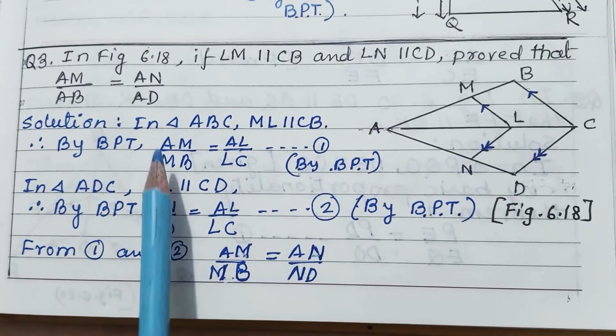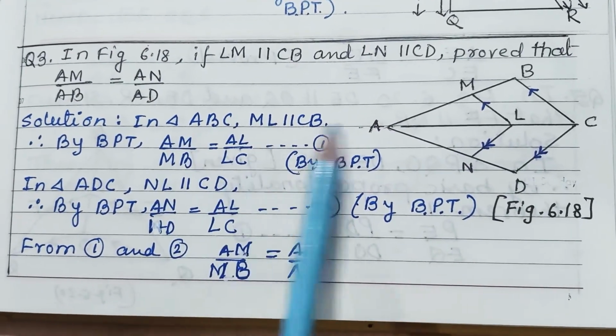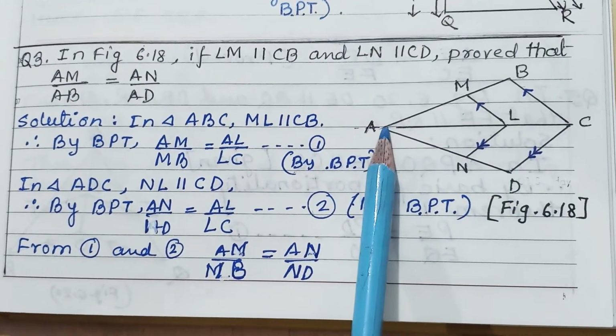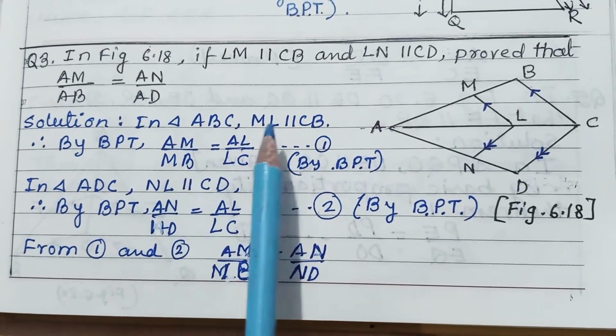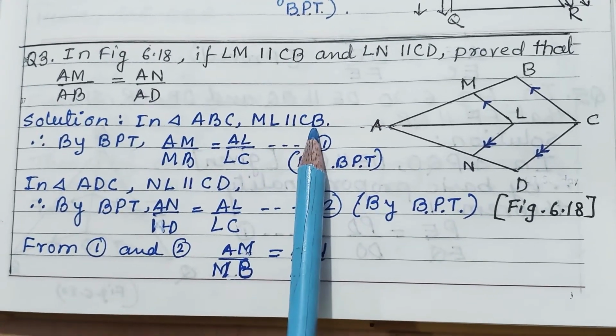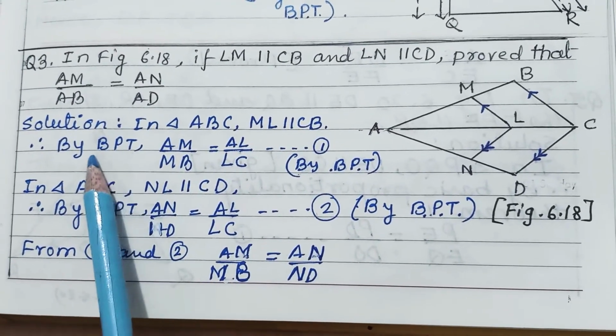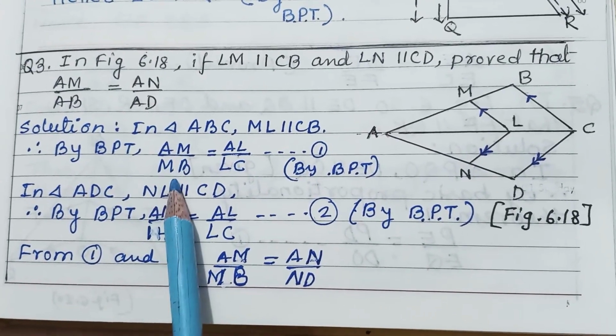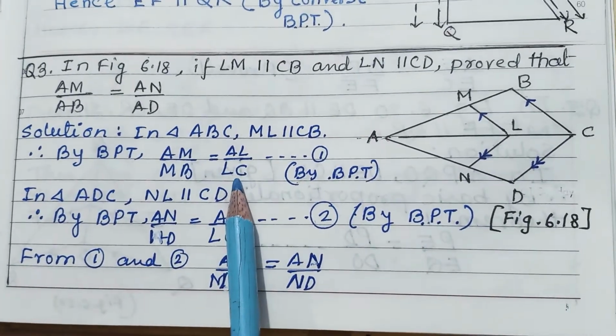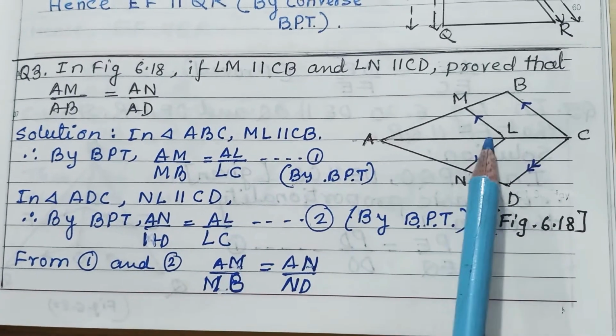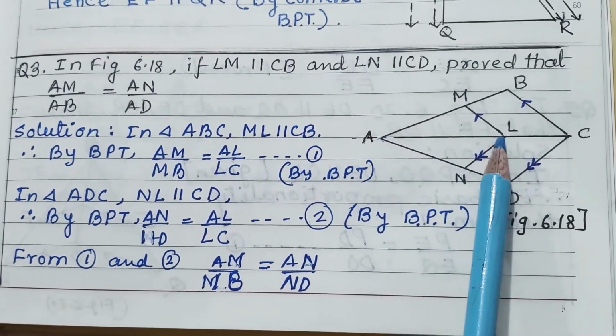Now in triangle ABC, AL parallel to CB, therefore by BPT we can write AM upon MB is equal to AL upon LC.